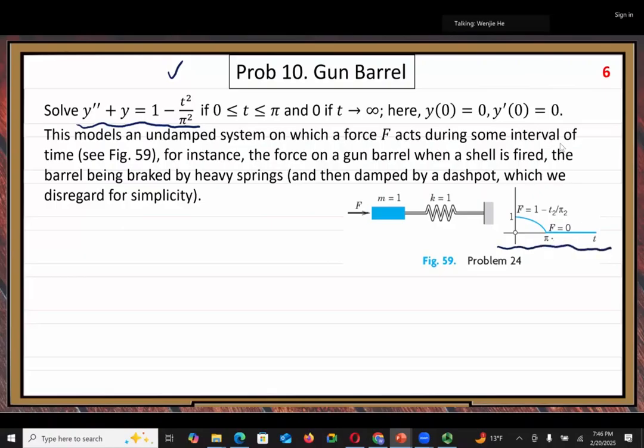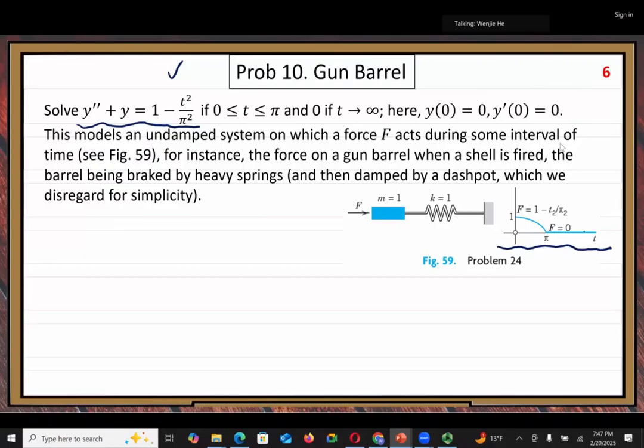So in the interval between 0 and pi, it is a parabola, right? So this is a parabola curve. After that, it's 0. The driving force is 0. Then the initial condition. This models an undamped system on which a force F acts during some interval.